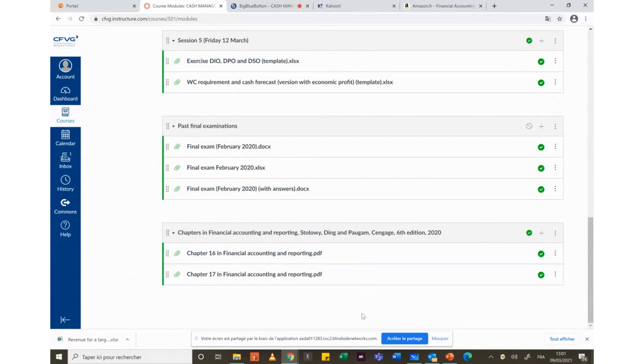It's a book from HEC, a business school in Paris, and with a professor in China, and previously in HEC also. So I put two chapters, chapter 16 and chapter 17, because there are chapters about the statement of cash flows. So yesterday you asked for documents, chapters of books in order to understand.